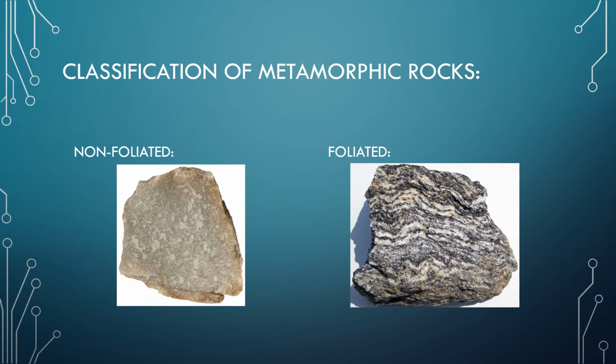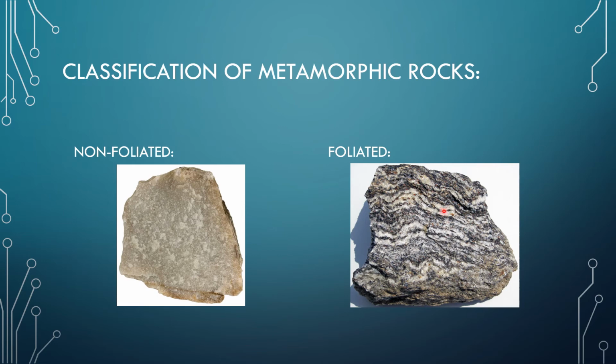A foliated rock indicates that it is formed in an environment of shear stress or directed pressure. Intense pressure causes the rock's minerals to deform and change direction. For example, the minerals are elongated in a direction perpendicular to the main stress, thus creating foliation. So what is foliation? Foliation is the alignment of minerals.